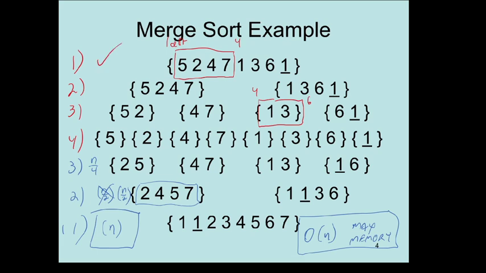Then I add a second stack frame, so now I have 2 stack frames. Now I have 3 stack frames, and I need a region of size n over 4. But then I get rid of this. So I'm at log n plus n over 4, which is never any bigger than O of n.